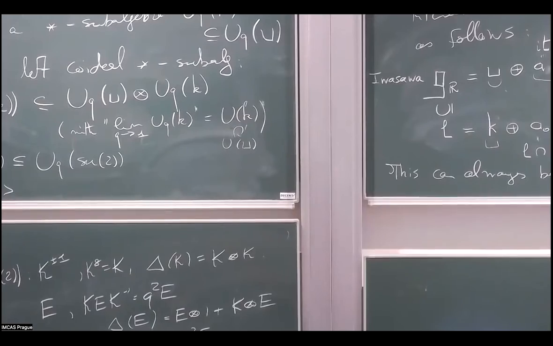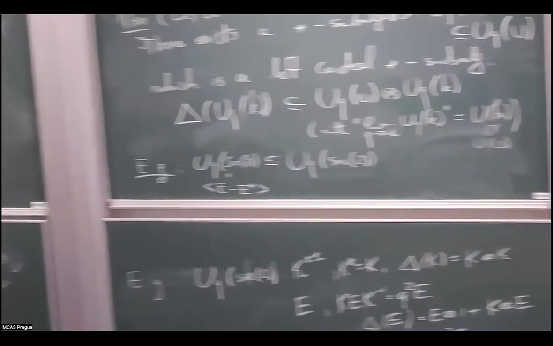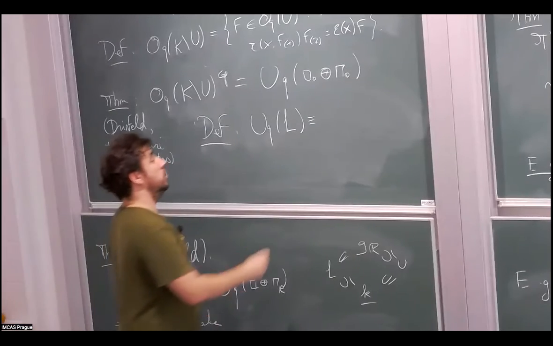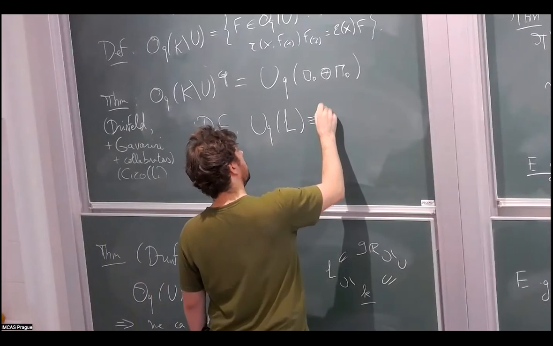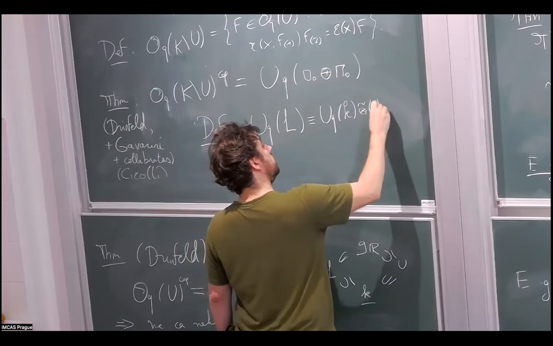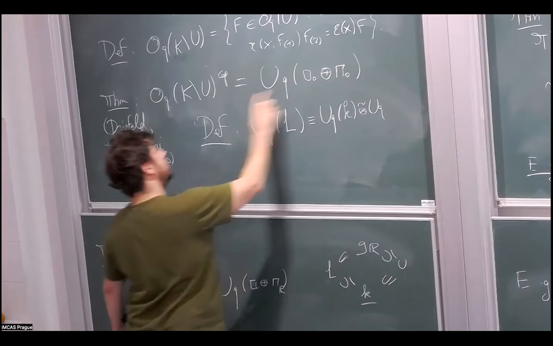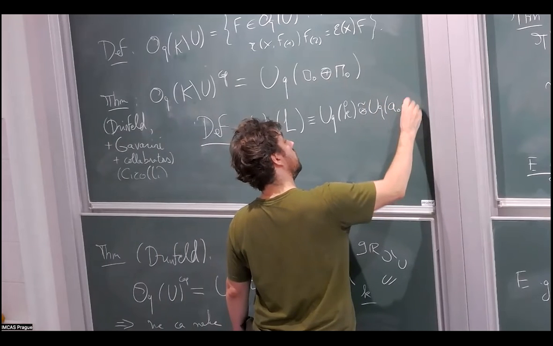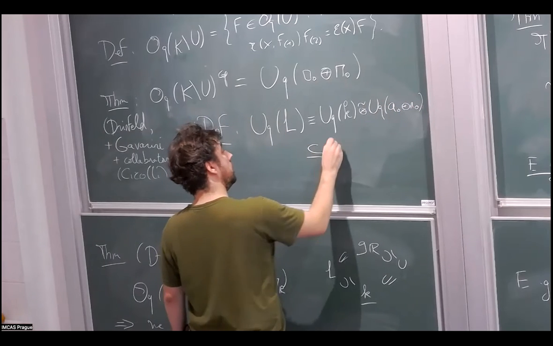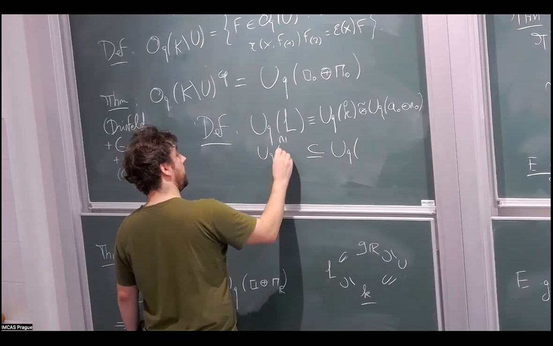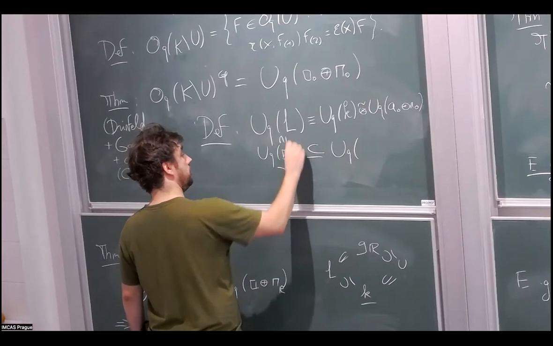So now I can finally define UQ of L as being what is generated by UQ of K and UQ of A0 plus N0 being exactly this guy, inside the quantized enveloping algebra of GR.